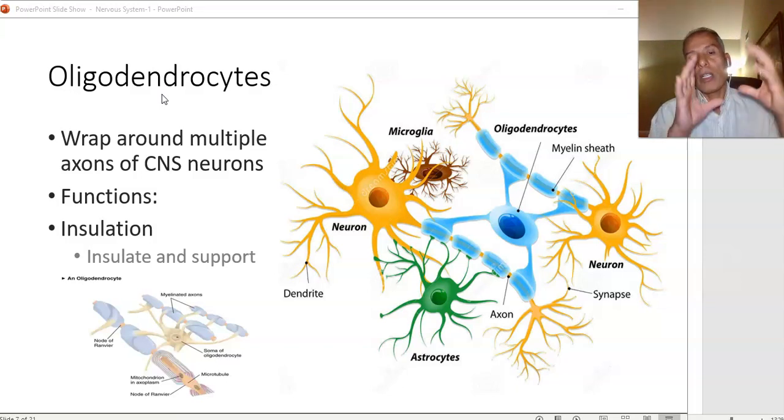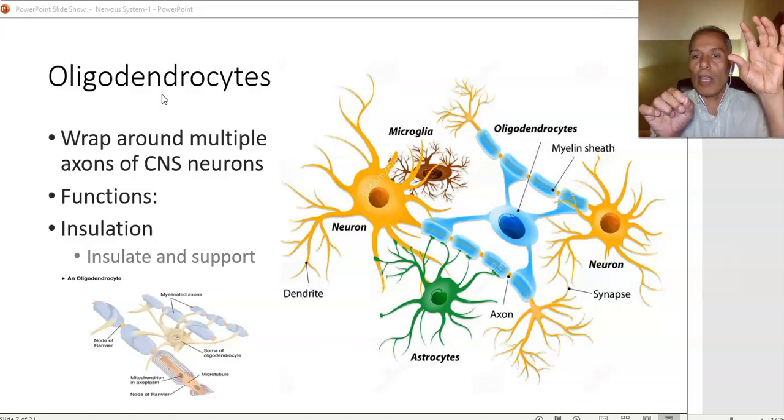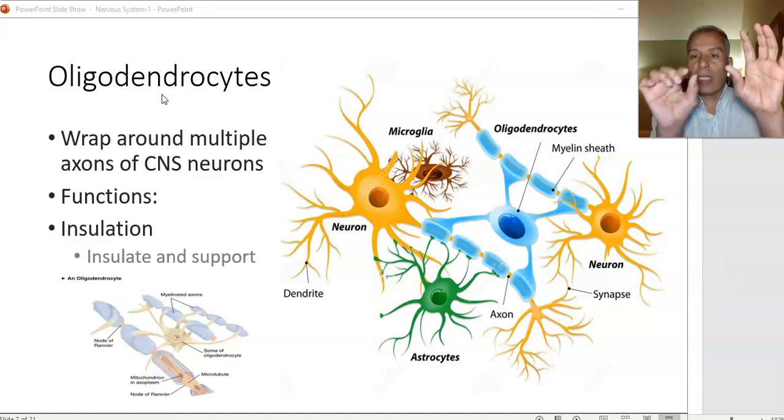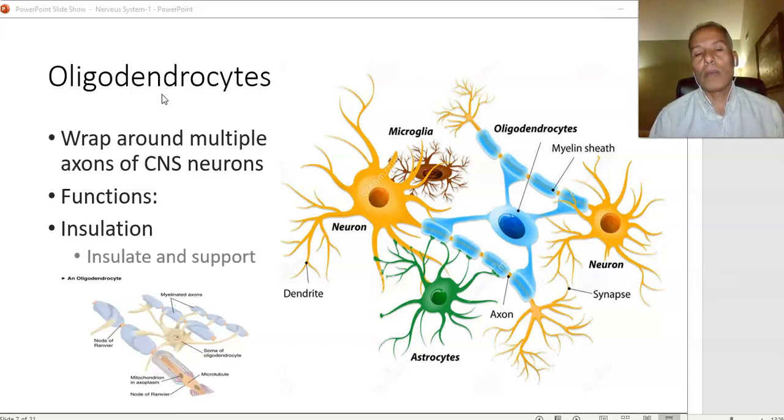You can imagine it like a hard drive, and there's a wire cable coming out of the hard drive to carry all the signals and everything in the hard drive. That is the spinal cord. So the one difference between the oligodendrocytes and the Schwann cells is the oligodendrocytes exist in the central nervous system, in the brain and spinal cord.